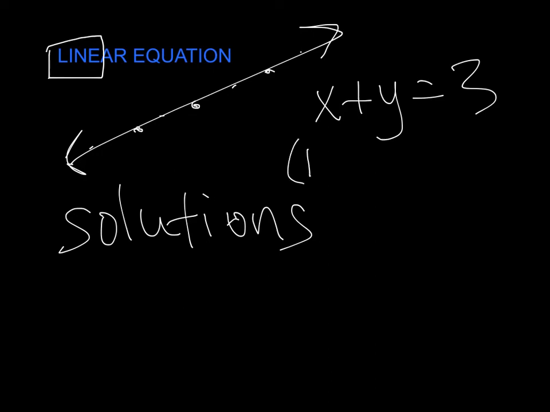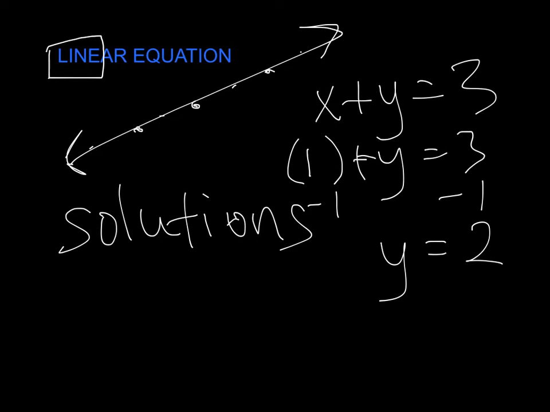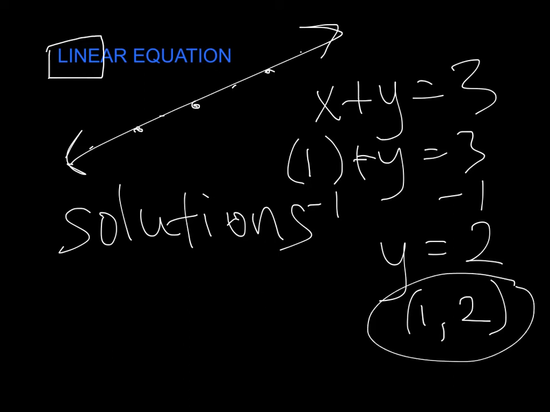So I can plug in 1 plus y equals 3, minus 1, minus 1, y equals 2. So the solution is (1, 2). When x is 1, y equals 2. So that is one solution. I could find any other number of solutions given either x or y and then solving for the other variable, and that gives me another point or solution.